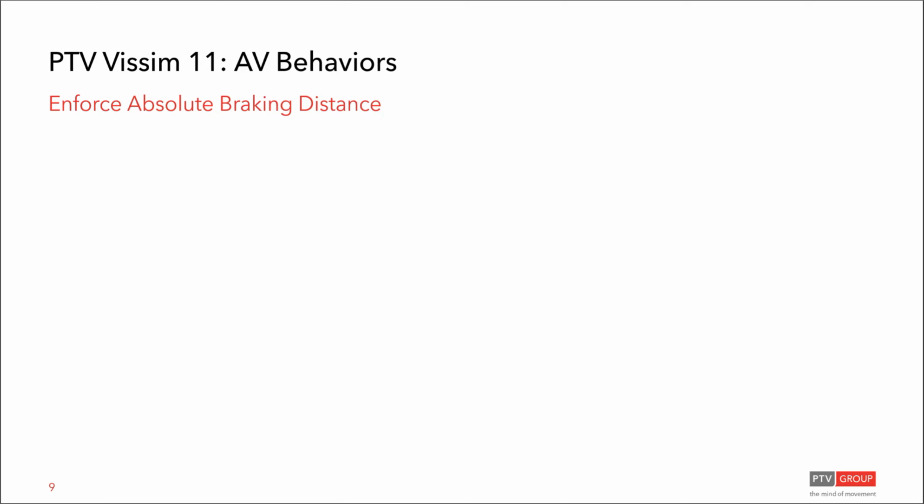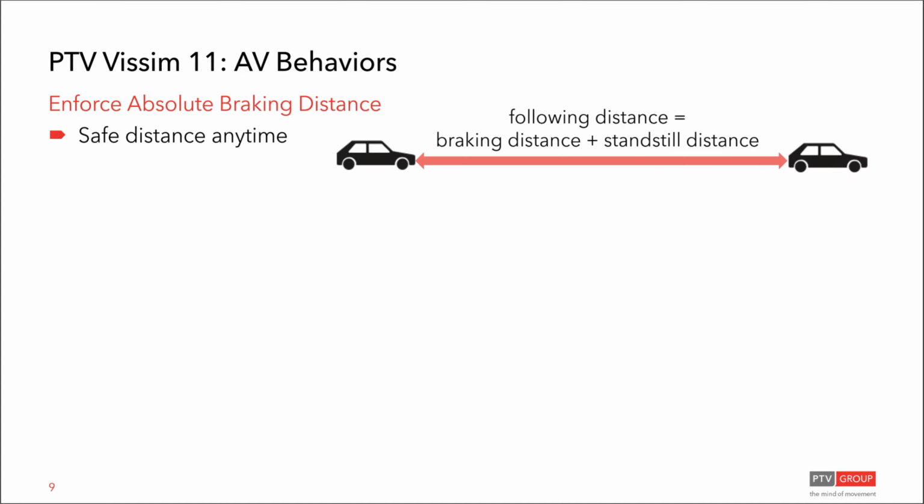So the first option is the one I just mentioned with the brick wall stop distance. We call it within Vissim enforced absolute braking distance. This means if a vehicle follows another one, and if the leading vehicle changes its speed from like 100 kilometers per hour immediately to 0 kilometers per hour, maybe because of a false detection or something, the vehicle will stop immediately.